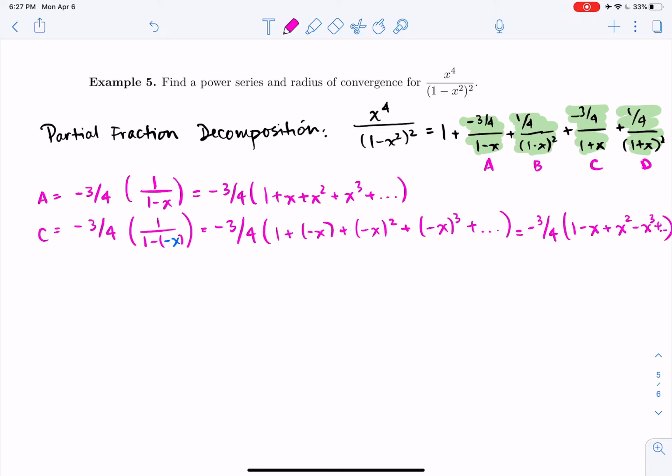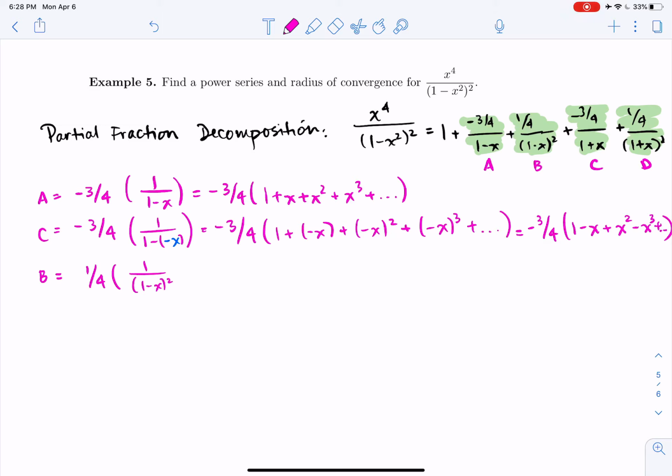All right, now let's go to B. And B and D both kind of have an interesting little trick, I guess. And this will pop up on your WebAssign. So B is 1/4 times 1 over 1 minus x squared.